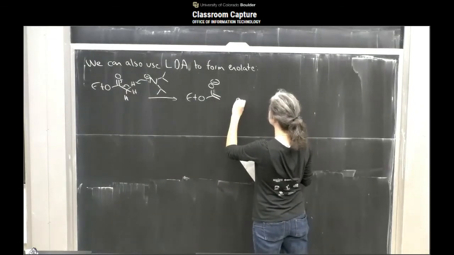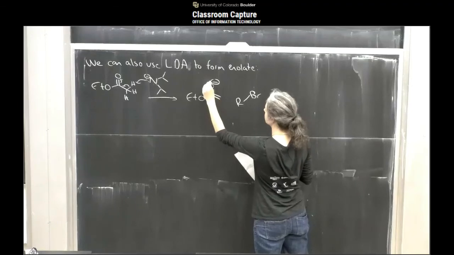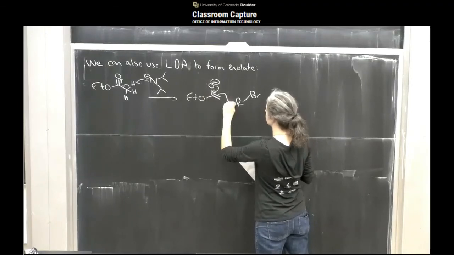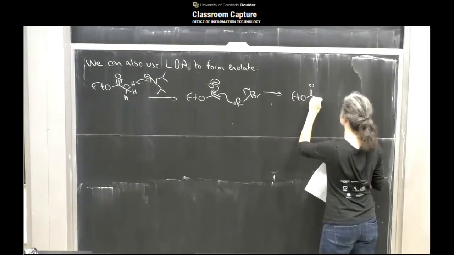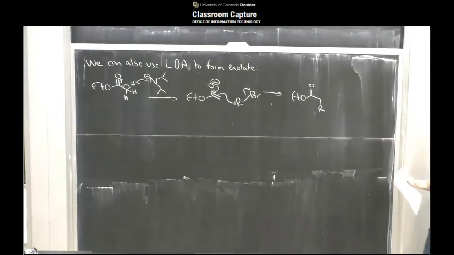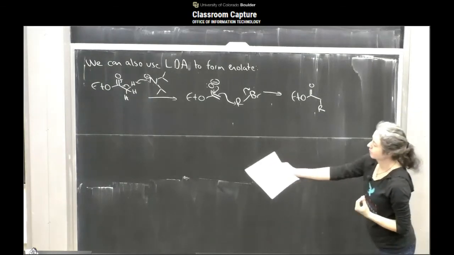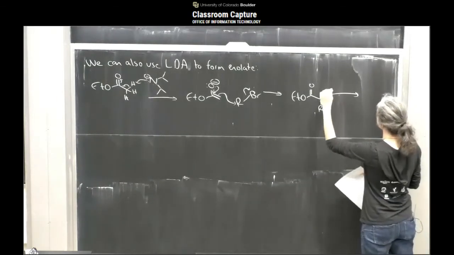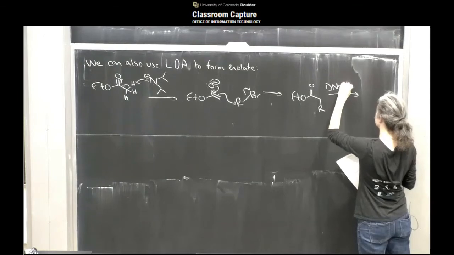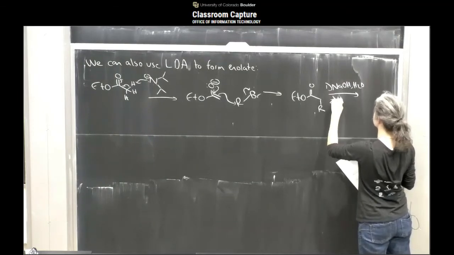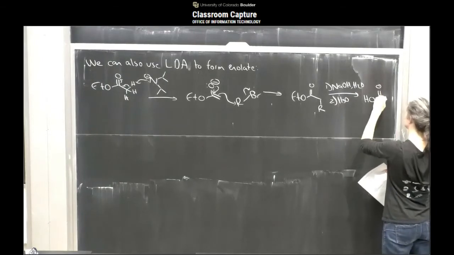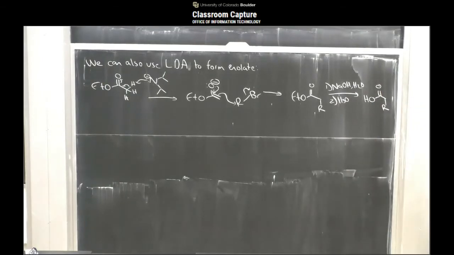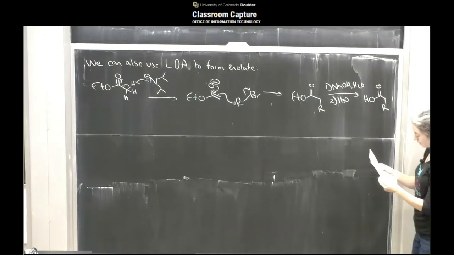So here we could also do whatever R group by SN2 again, and accomplish something pretty similar to the malonic ester synthesis. If we want, we can do the hydrolysis step at the end too. I'm showing this for a single R group, but we could do it twice if we wanted.